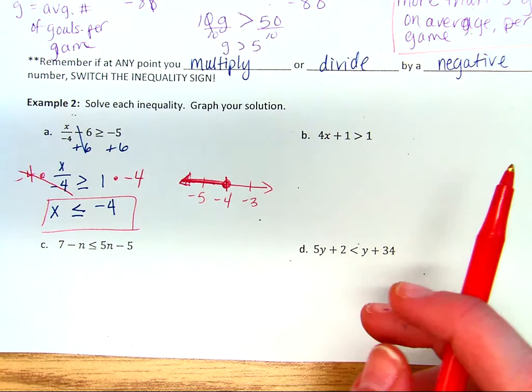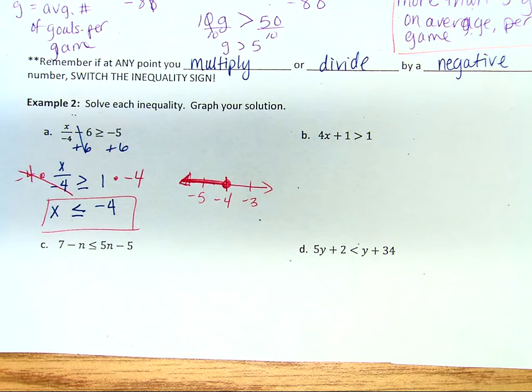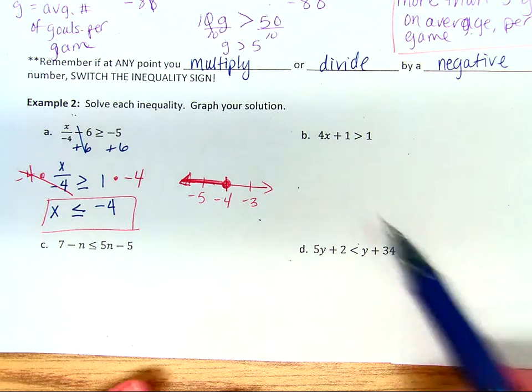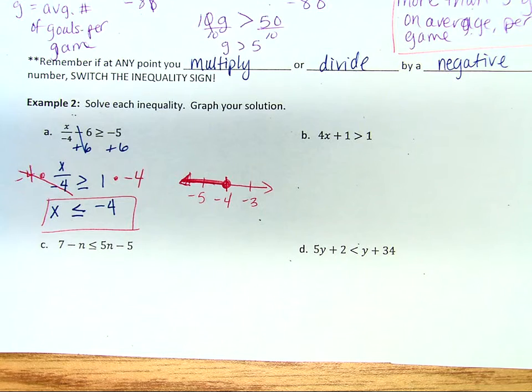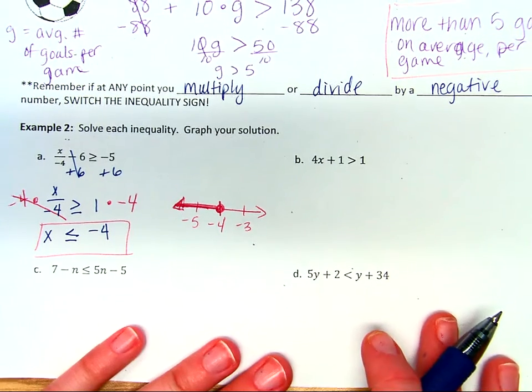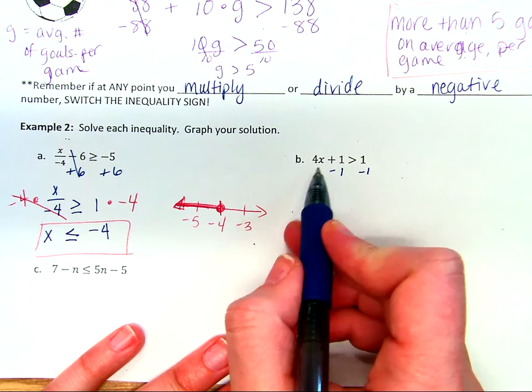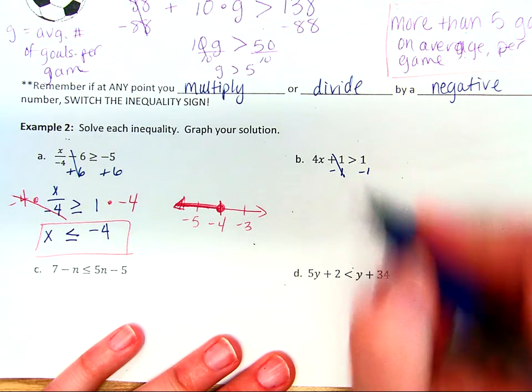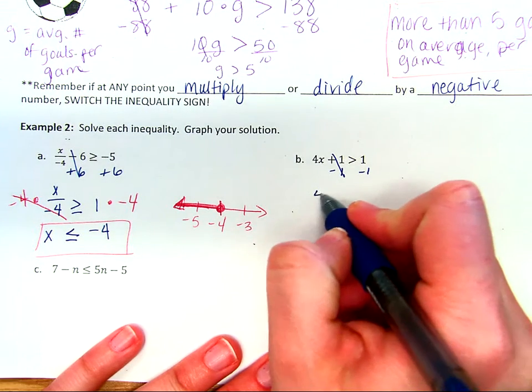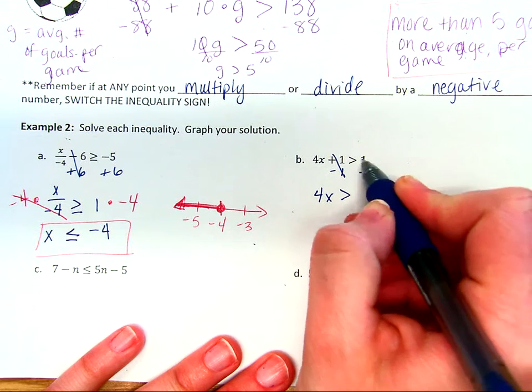Okay. Next, I have 4x plus 1 is greater than 1. Always start with your addition and subtraction when you're solving equations. So I'm going to subtract 1 from both sides. I'm trying to get this x by itself, so I had to get rid of that 1. So I'm left with 4x is greater than 1 minus 1 is 0.